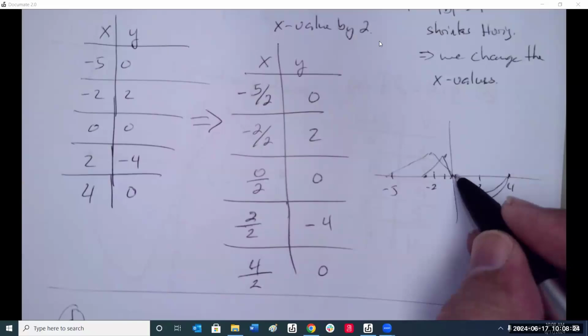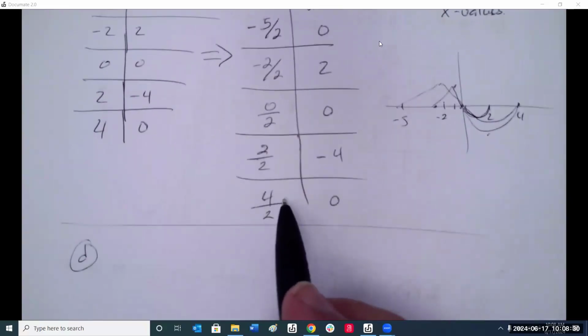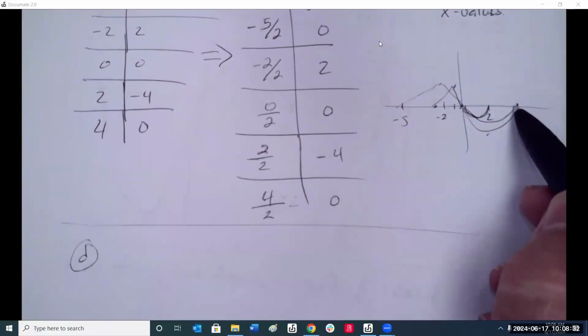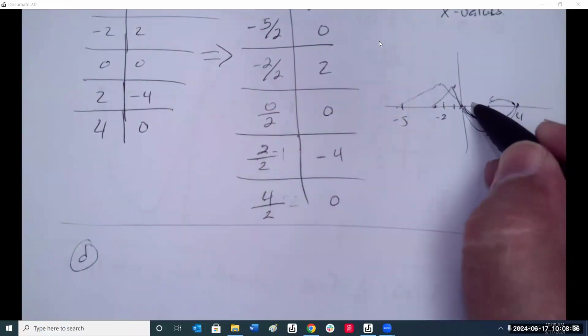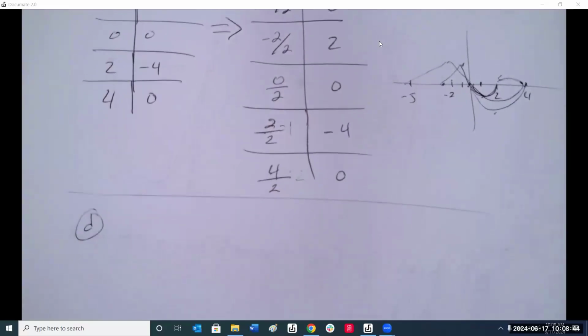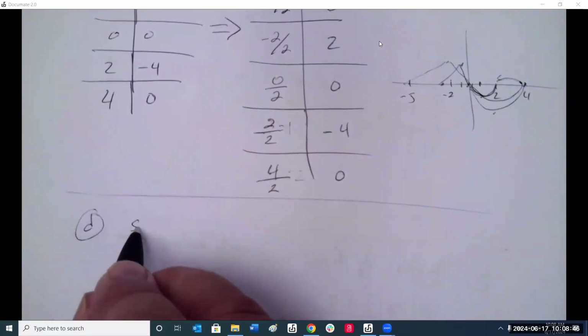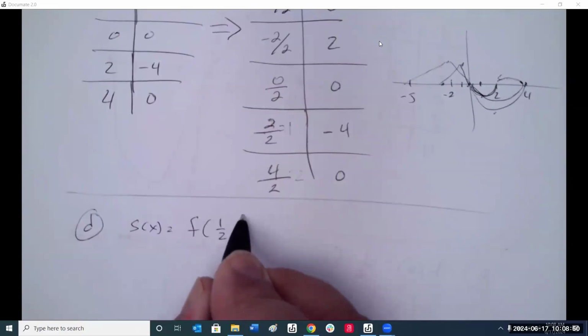No, like this. 4 divided by 2 is 2, so it shifts from this one to that one. 2 over 2 is 1, so the vertex is at 1. It just squeezes it together. S of x is equal to f of 1/2 x.